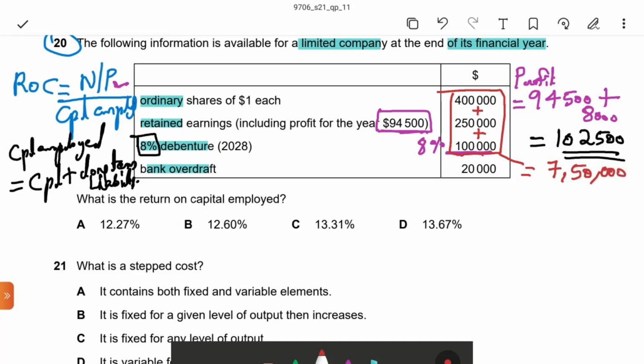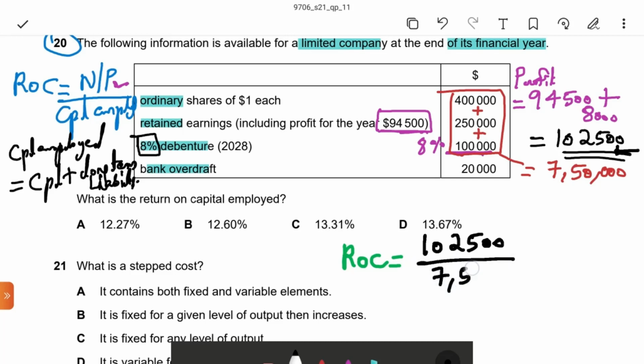So ROCE is equal to our profit 102,500 divided by 750,000 multiplied by 100.